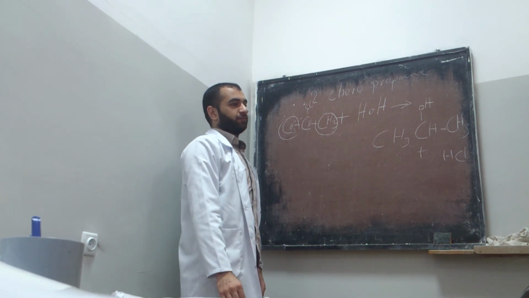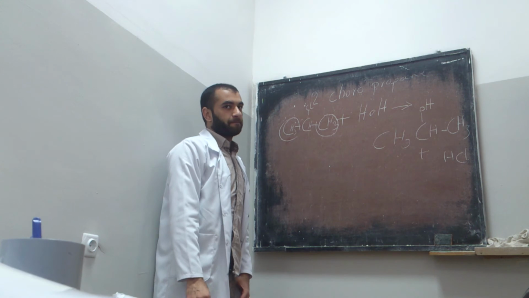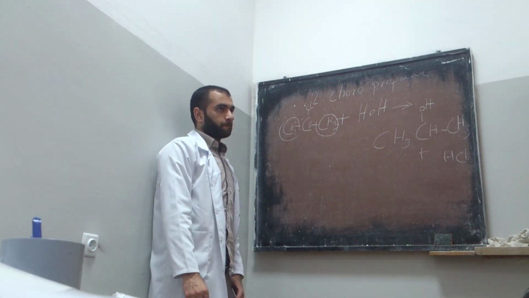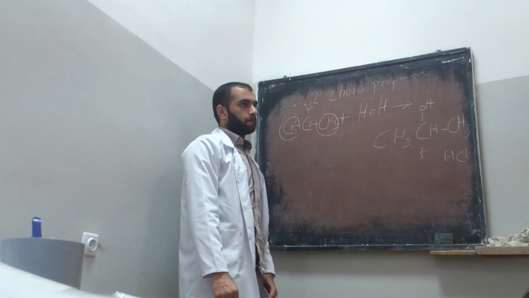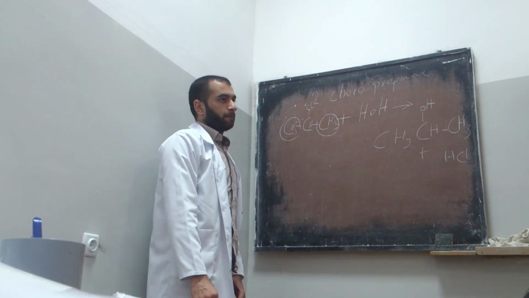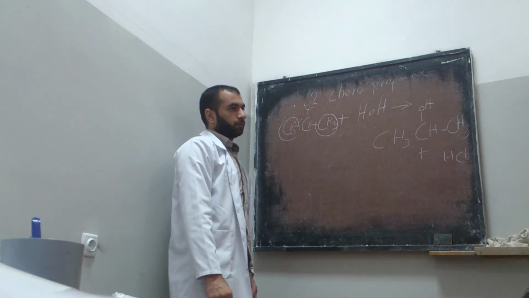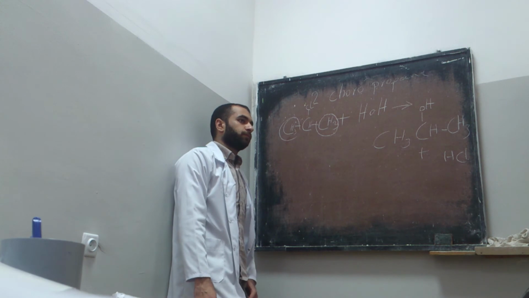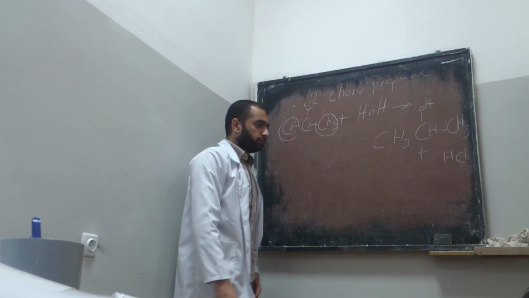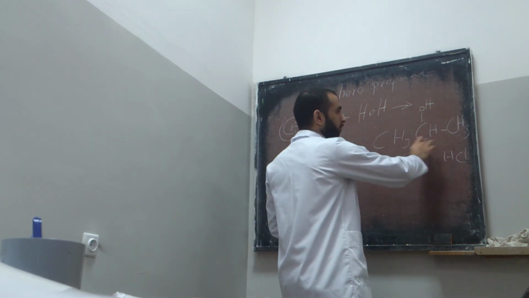It depends on the solvent structure, because in the case of protic solvents, so solvents in which you have an H atom, the SN1 mechanism is more favorable. If you have an aprotic solvent, so a solvent where you don't have an H atom, the SN2 mechanism is more favorable. Okay, and what's the name of your product? It's propanol.